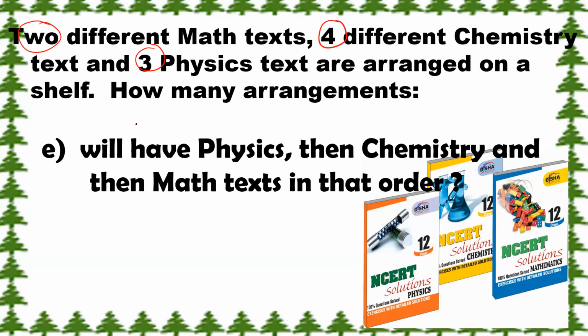So kapag ginamit natin yung box method, unahin natin yung physics. 1, 2, 3, 4, 5, 6, 7, 8, 9. 9, right? So physics muna. Let's start with P as the represent natin si physics as P, si math as M, and si chemistry C. Physics, then chem, and then math. Physics, chem, math.